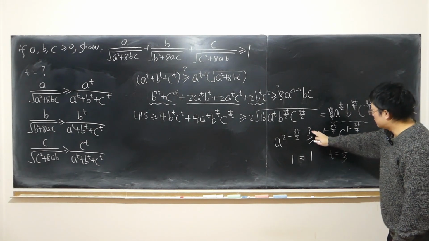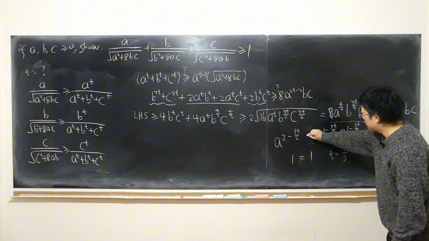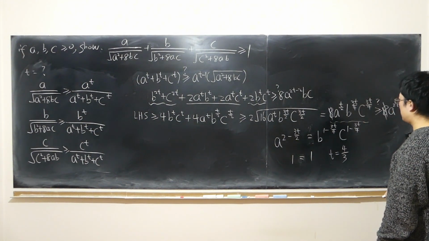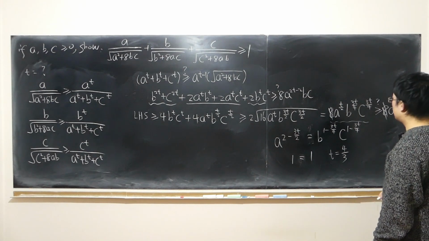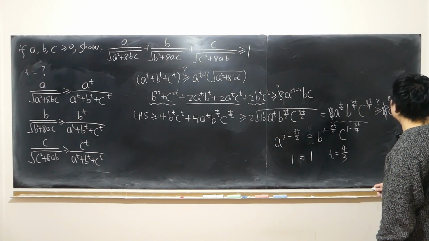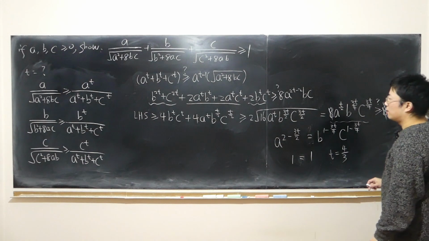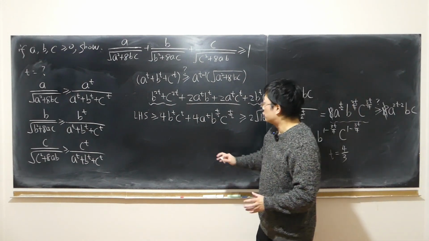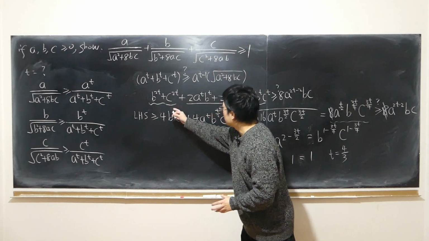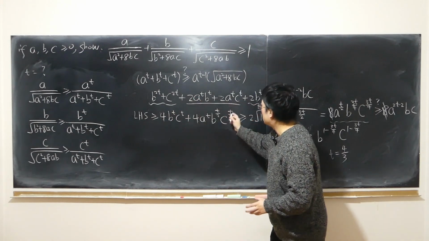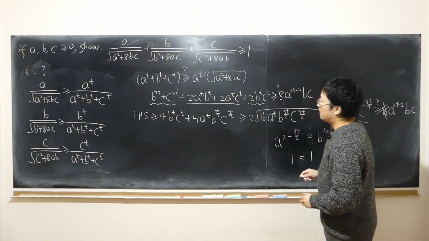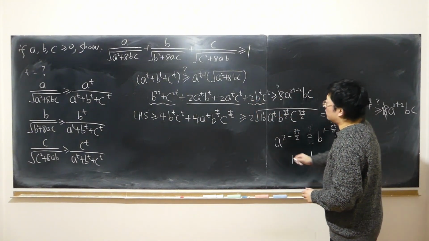So this equal sign holds. So when this equal sign holds, no matter what t is equal to, this inequality is always true. The left-hand side is always greater than or equal to this part, by the AM-GM inequality.